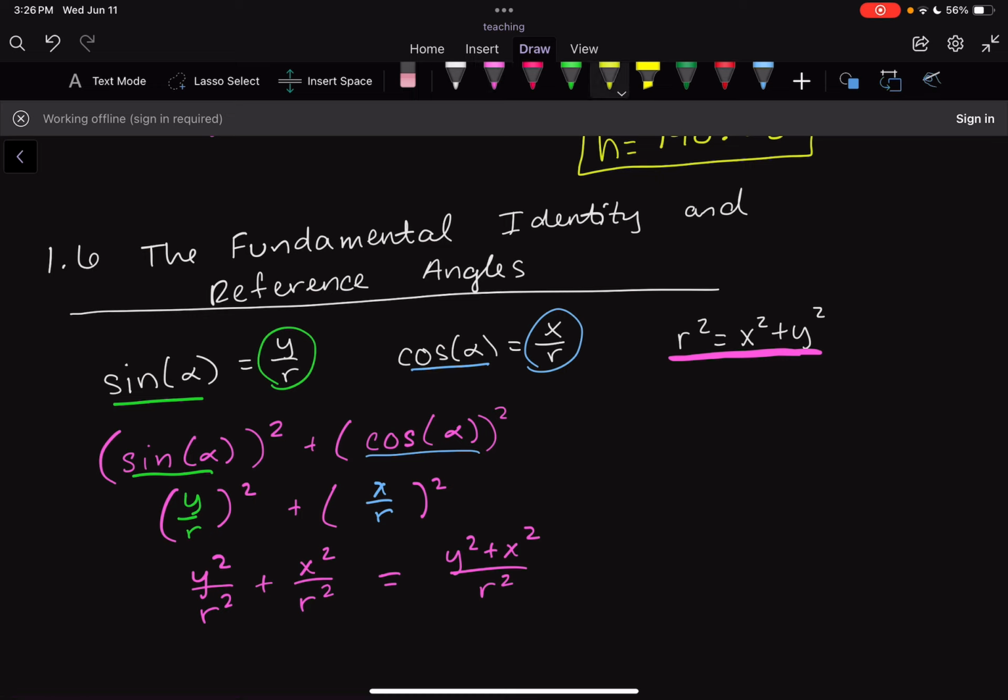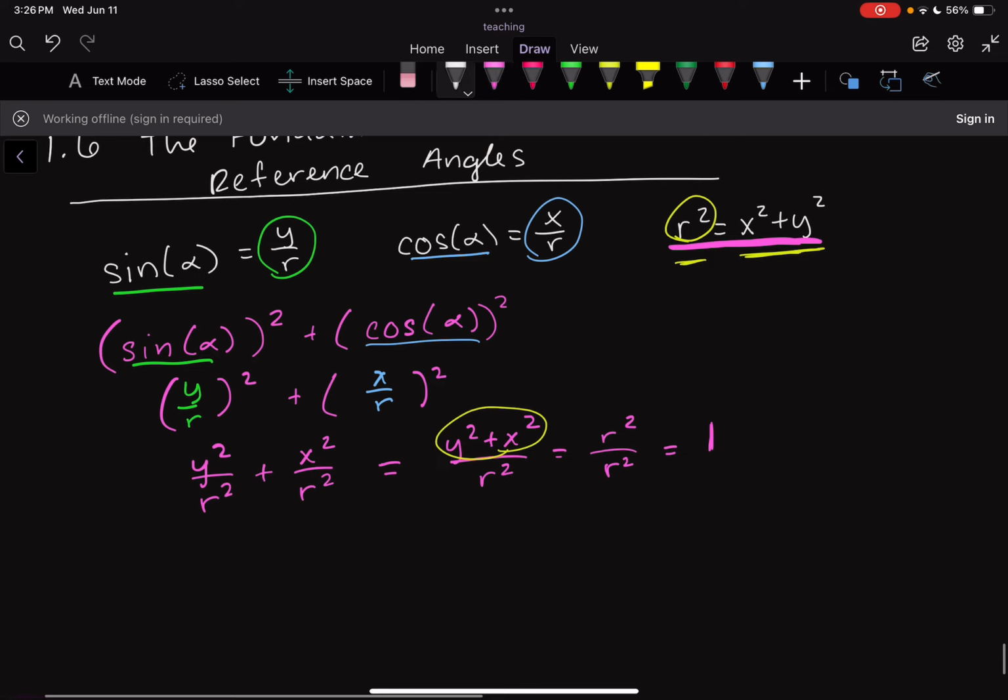Well, I know that x squared plus y squared is equal to r squared. So this will become r squared. So I get r squared over r squared. Anything over itself will just equal 1. So something that we learn from this is that sine of an angle squared plus cosine of an angle squared is equal to 1.